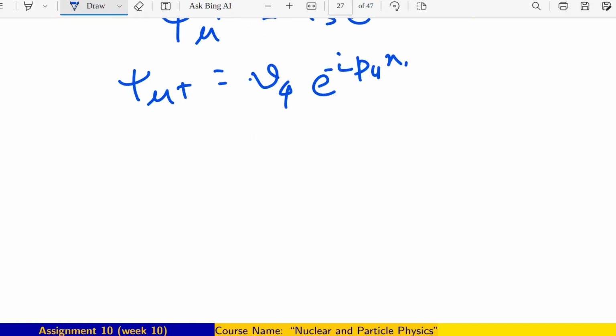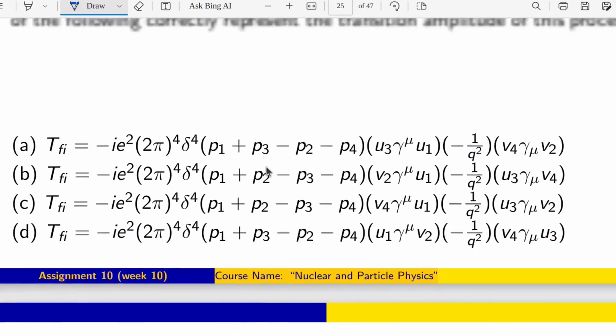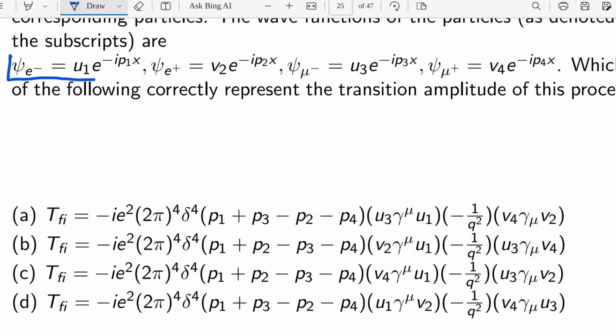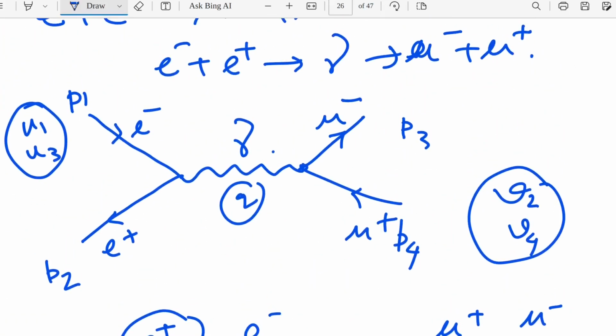Now what will be the expression for T_fi? First of all we need to check the momentum conservation. From the picture you can see that our delta 4 should be p1 + p2 − p3 − p4.